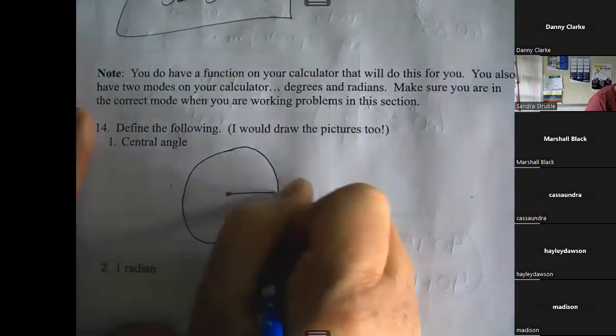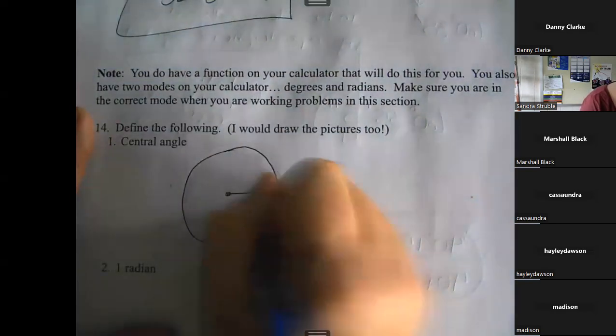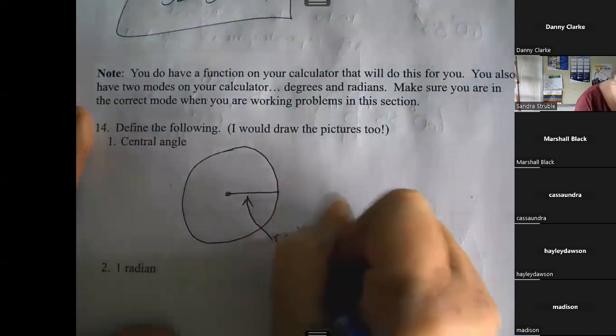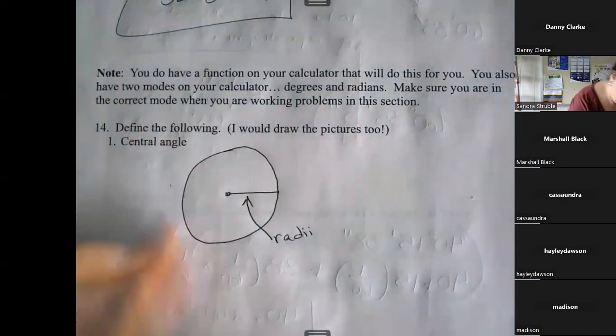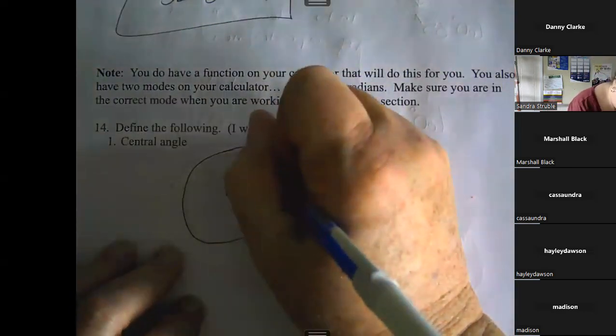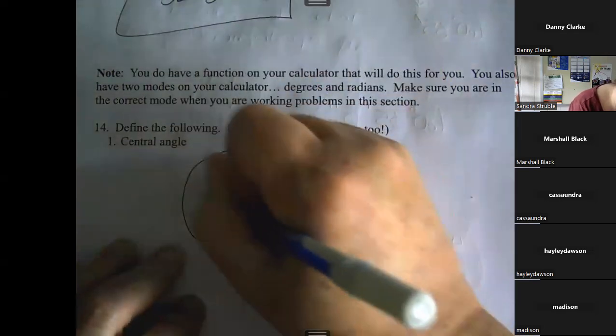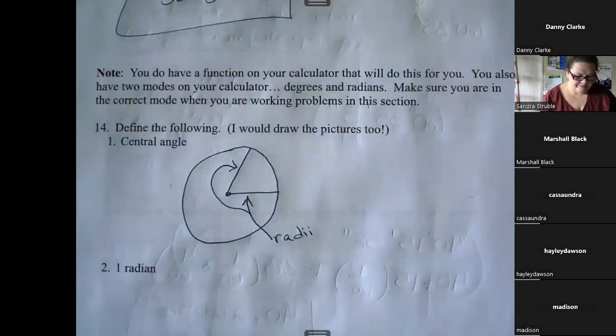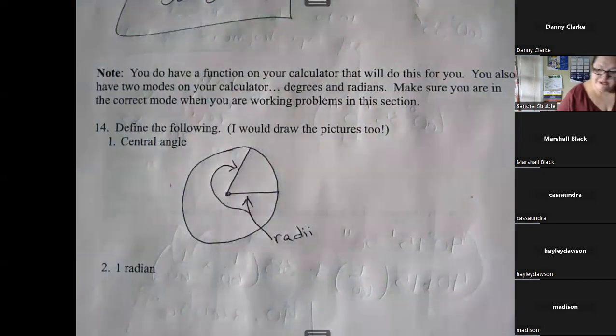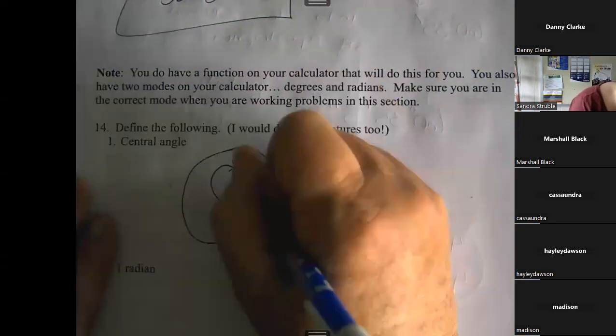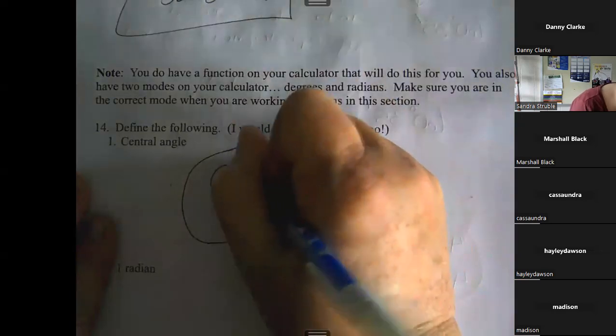I've got a radius here. Radii. There's another one right here. The angle that is formed using those two is considered the central angle.